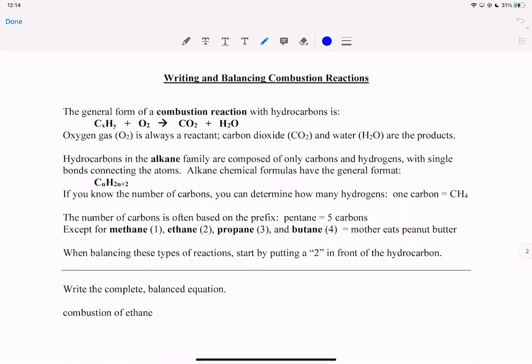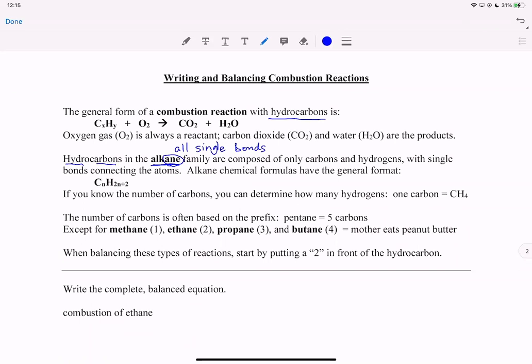Okay, so a combustion reaction is a special reaction that generally involves a hydrocarbon, and a hydrocarbon is only carbons and hydrogens. The hydrocarbons that we'll see the most are called alkanes. Alkanes have the name ending ANE, which means all single bonds between those carbons and hydrogens. That's why it's called hydro for hydrogen and carbons.